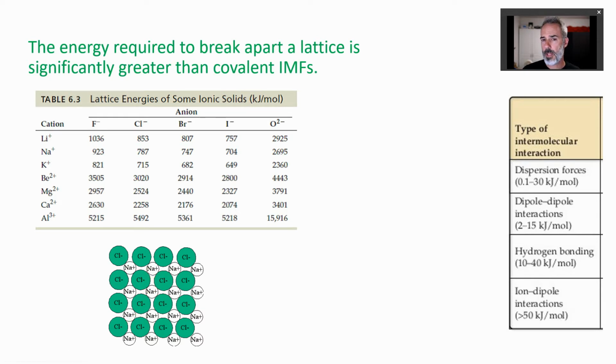And that makes a lot of sense because we're not talking about partial positive and negative charges like we were with covalent substances in polar compounds. We're talking full-blown charges here, so you would expect those attractions to be a lot stronger. And for that reason, all ionic substances are solids at room temperature and pressure.